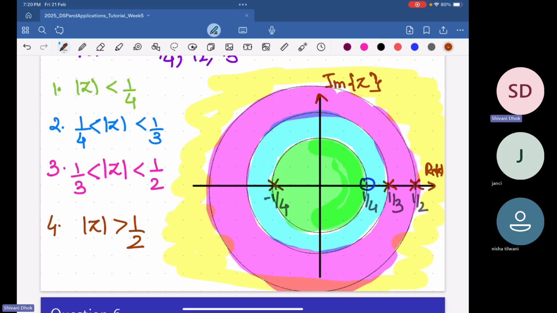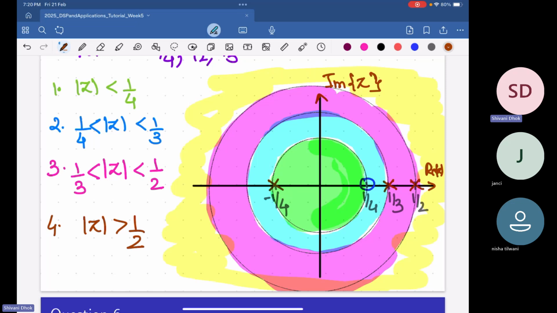In all of these regions, if you look carefully, in none of them you will have poles. So when you are given any particular transfer function and asked to figure out what kind of region of convergence you can expect, you can look at all the possible annular rings that lie between two poles, and interior to the innermost circle and exterior to the outermost circle.